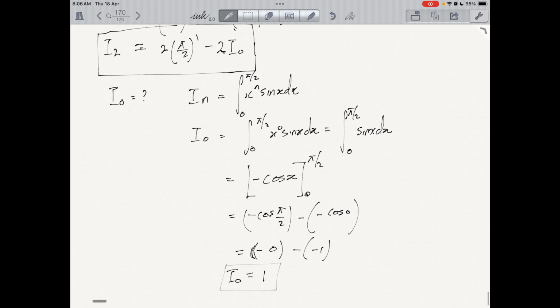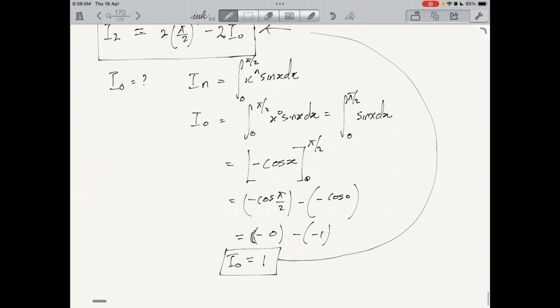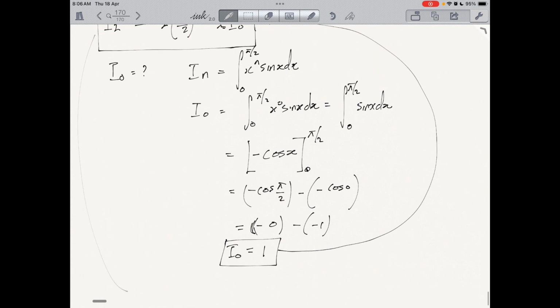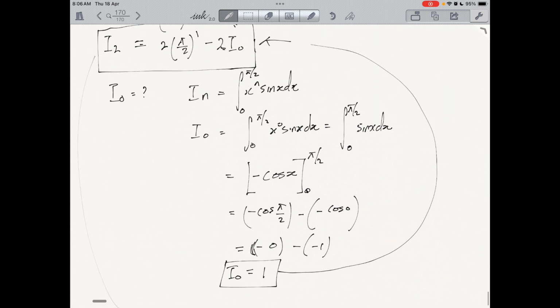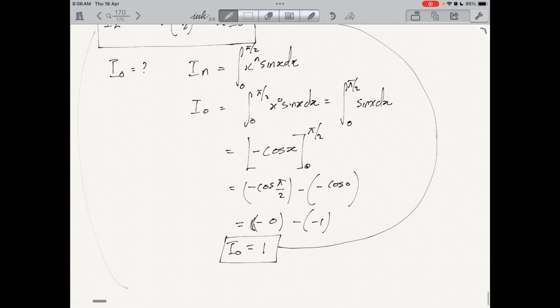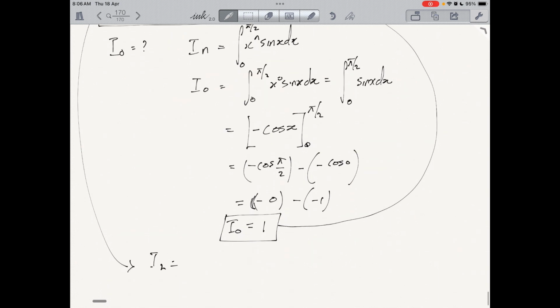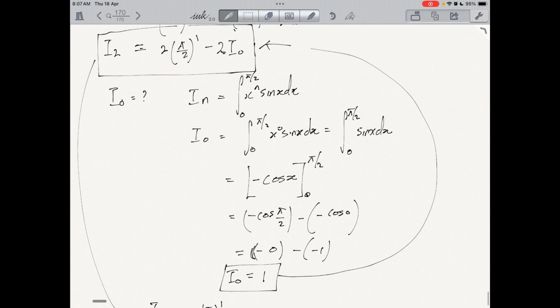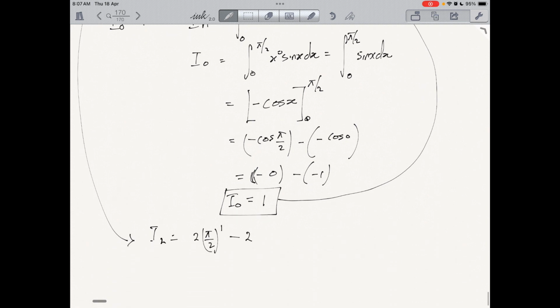So since we have an expression for I naught, we can now substitute I naught into I2 so that we can solve for I2. And we know that I2 is equal to 2 pi over 2 raised to the power 1 minus 2 I naught.